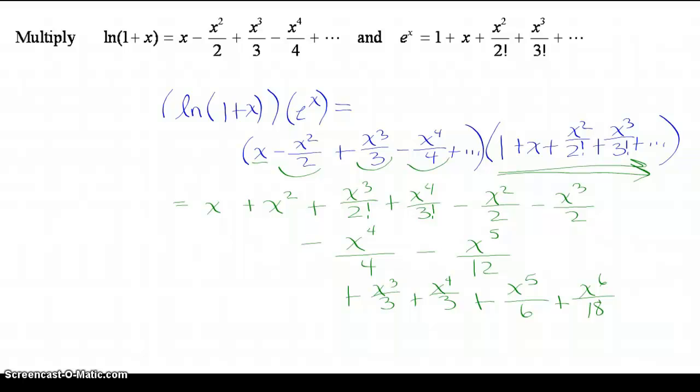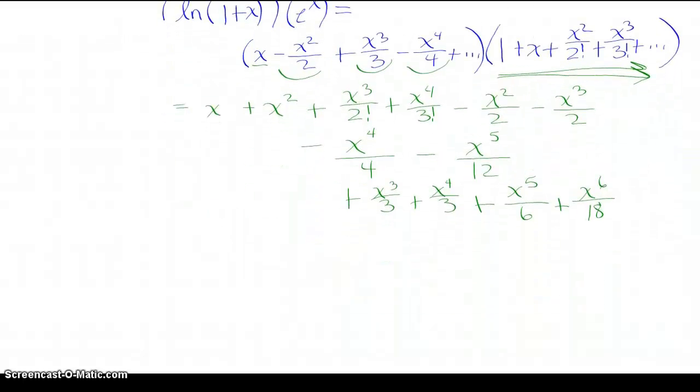And finally, I'm going to do the same thing with the last term, which is going to give me a minus x to the 4th over 4, and a plus x to the 5th over 4, and not a plus, but a minus. Both of those are minus.